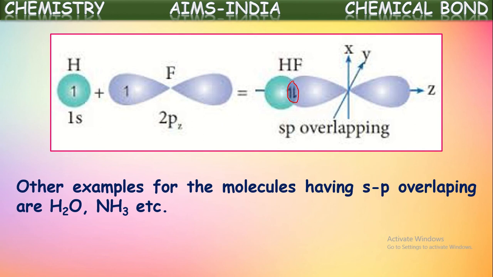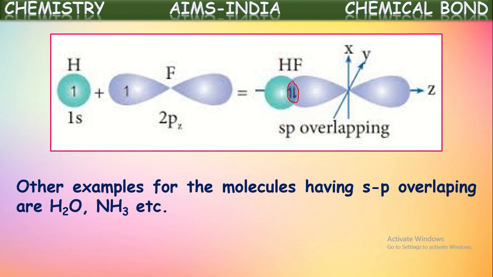S orbital of hydrogen and p orbital of oxygen overlap each other and result in a covalent bond. In the same way, in the ammonia molecule also, the hydrogen s orbital and the p orbital of nitrogen overlap and form one covalent bond between each nitrogen and hydrogen. Okay, they are the molecules which have s-p overlapping.